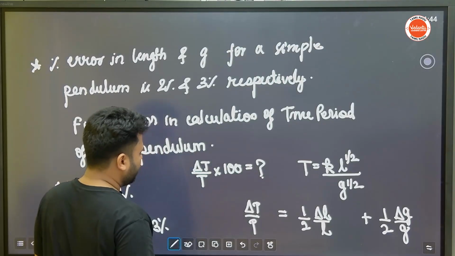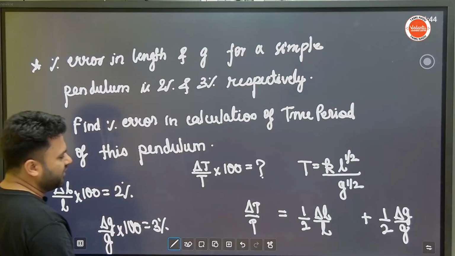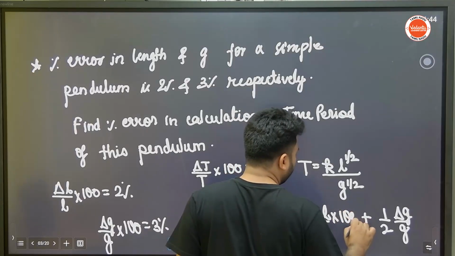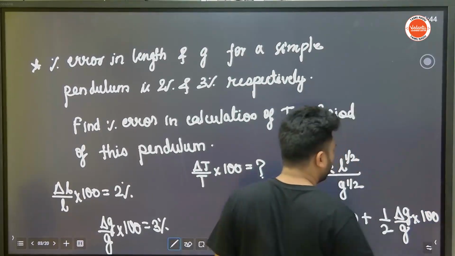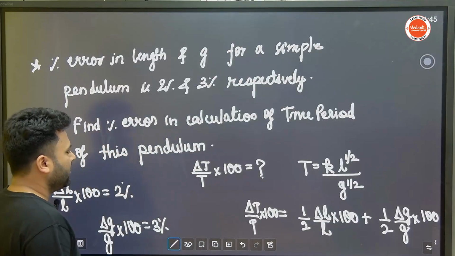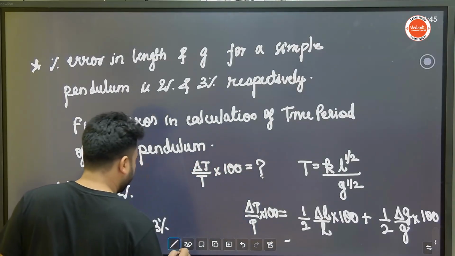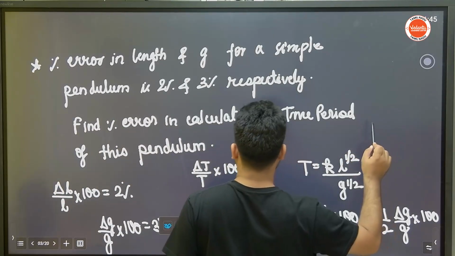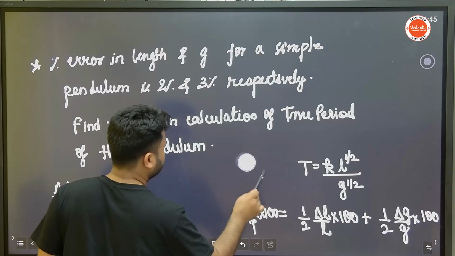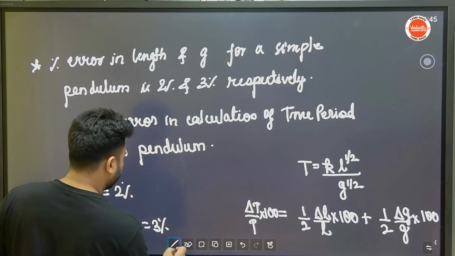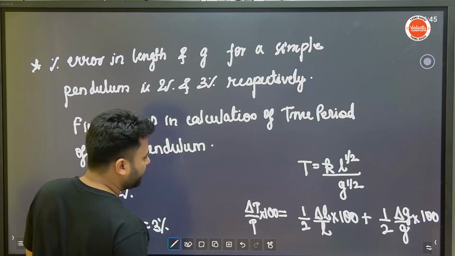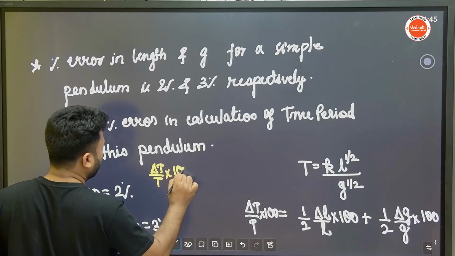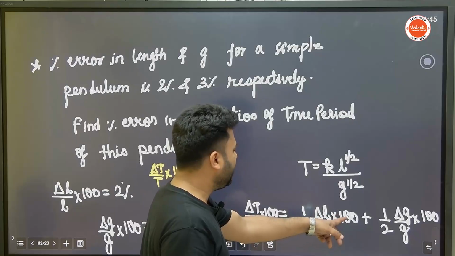They have given these things into 100, so here you also multiply into 100, here also you multiply into 100. Now, I am writing delta T by T into 100 equals half delta L by L into 100.